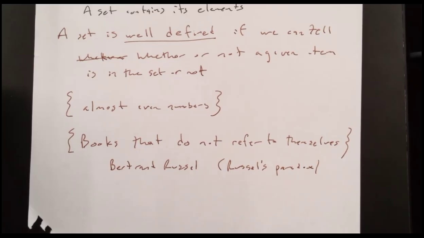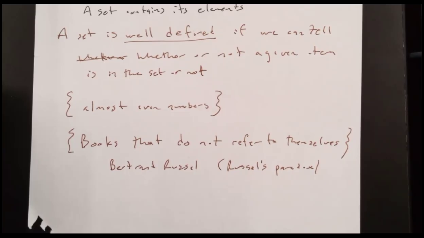A paradox is a sentence that is supposed to be true and false at the same time. It's not a valid proposition. I can't use those. So what Bertrand Russell did to avoid this is he said, we can only use well-defined sets, in the same way that we can only use well-defined propositions, right? It's either got to be true or false and not both. Russell said you have to be able to tell whether something is in or not. And if you can't, you can't use that idea.